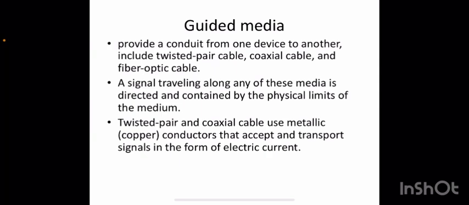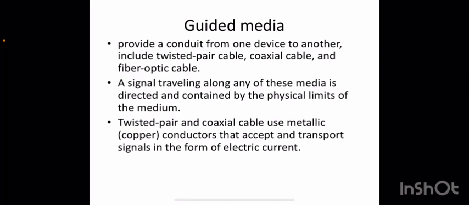Usually the twisted pair and coaxial cable use metallic, usually copper, conductors that accept and transport signals in the form of electric current. So we first convert the data we have to communicate into a signal.